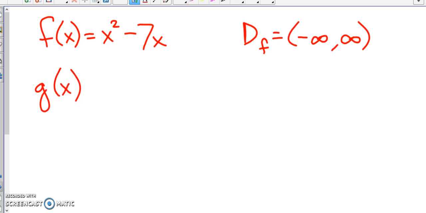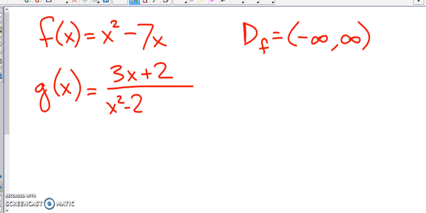So let's look at g of x. Thoughts? You've got division. So we would have to figure out where division by 0 occurs. What would probably be the easiest way to figure out when division by 0 would occur?